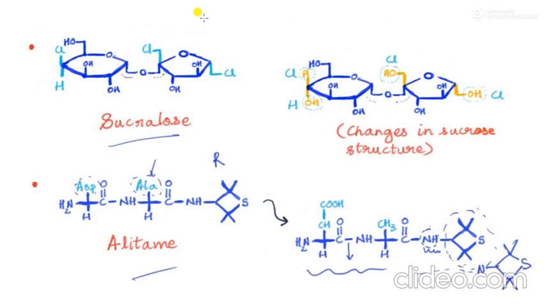Next, coming to sucralose, you could actually mug up the structure like this, or since sucralose relates you to sucrose, I have made changes in the structure of sucrose, showing what changes you have to make in sucrose in order to reach sucralose. So whatever is there in dark blue and orange over here represents the structure of sucrose.